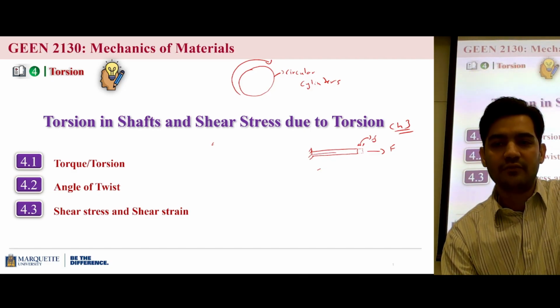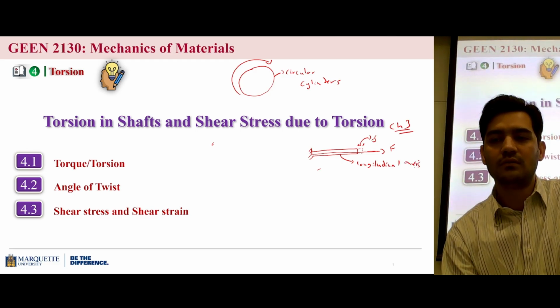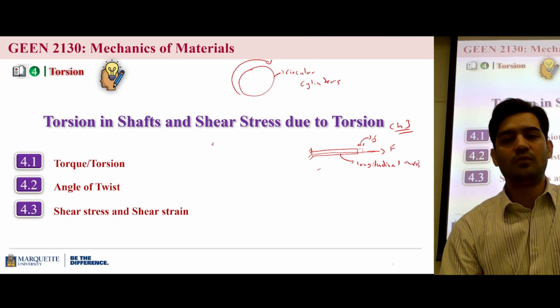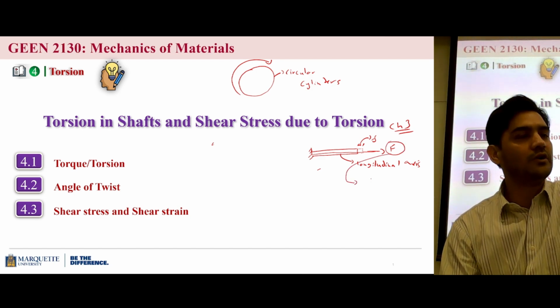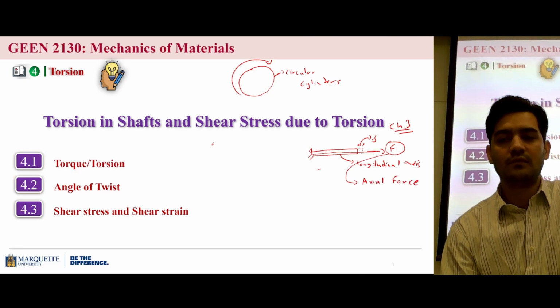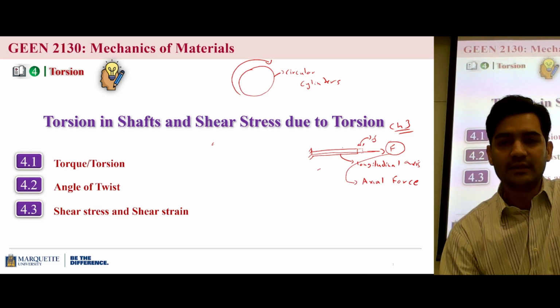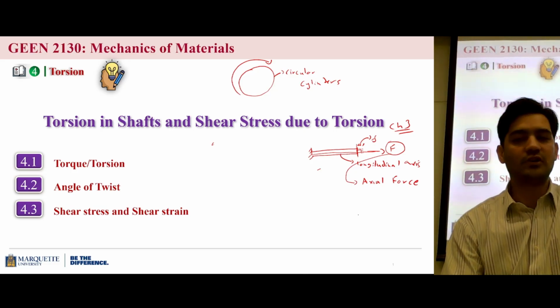So for example, if you have, this is called the longitudinal axis, right? So when a force is being applied parallel to the longitudinal axis, this force is called axial force. We can also see that this force is making a 90-degree angle with the cross section.